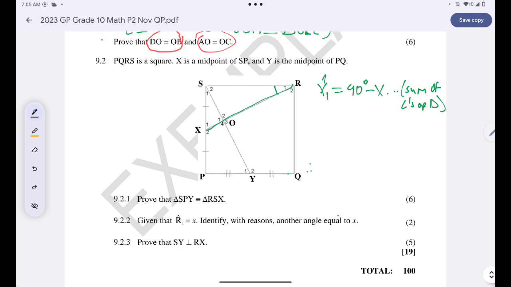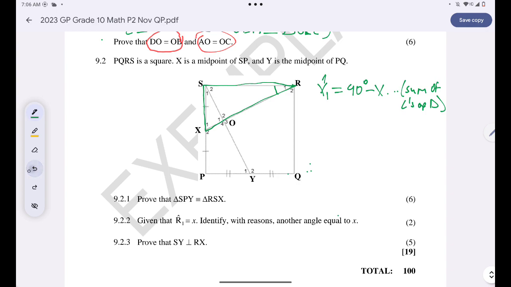If I look at this triangle, guys, R1 plus X1 plus S must give me 180 degrees, since they're angles of a triangle. Are we together? Angle S is 90, angle R1 is x. So I'll be left with X1 equal to 90 minus x.